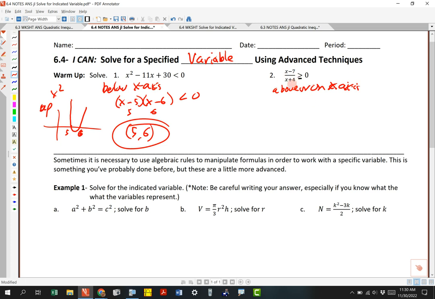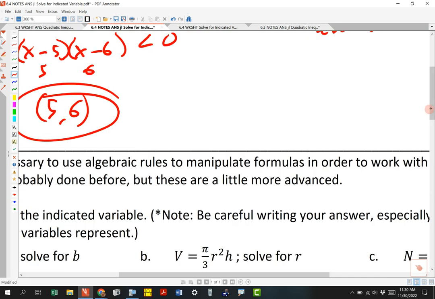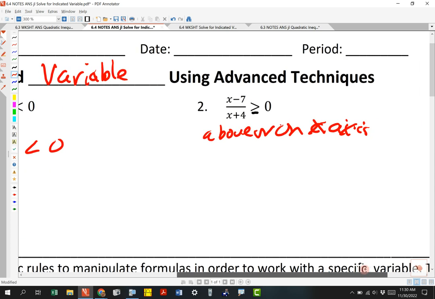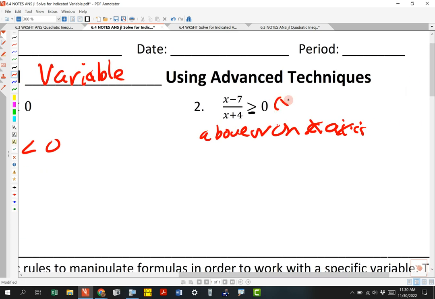So this right here, we want to change this behavior for something that's easy to graph. So I'm going to zoom in on this, and we're going to multiply by x plus 4 quantity squared. Crew, why do we do the quantity squared again?